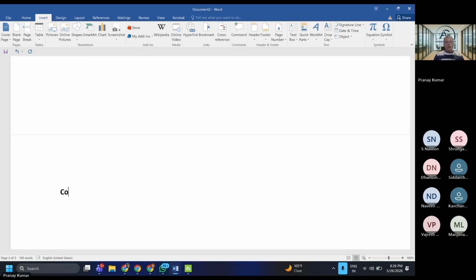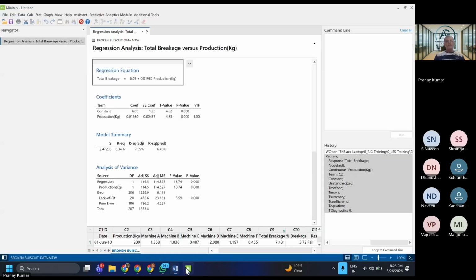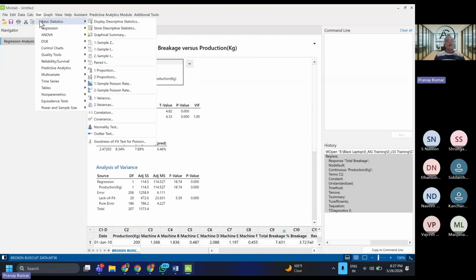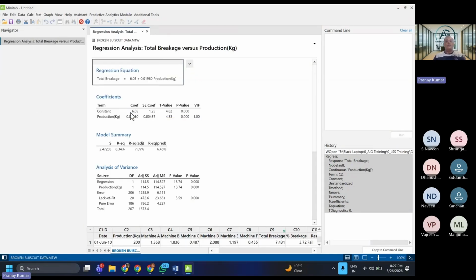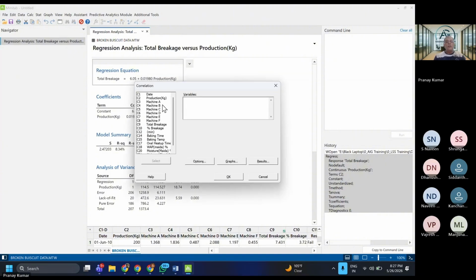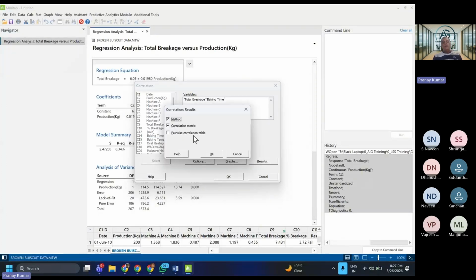Next, correlation. Stats, basic stats, correlation. Again, same thing. Total production versus total breakage, or let's take a different one right now. To get your p-value, you will have to click the pairwise correlation table. Only then will you get the p-value.